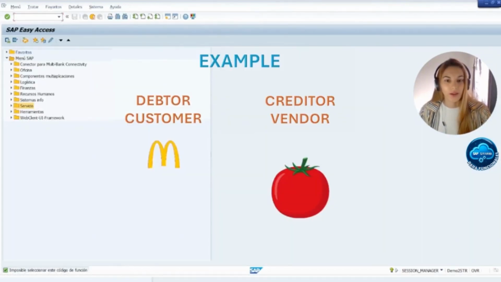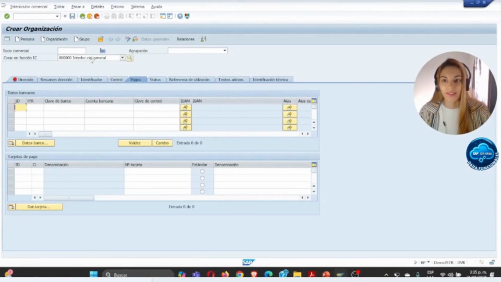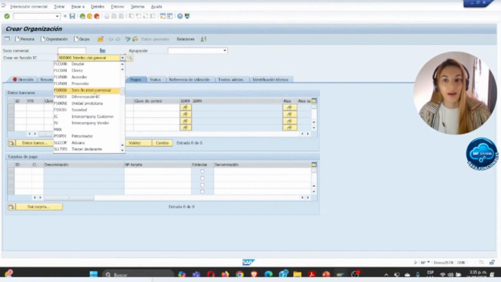Similarly, if the supplier Tomates SA also uses the SAP system, they can create McDonald's as a customer or debtor, also entering that information. Here we see that it says business partner, and here, well, you can create many types of business partners, but in this finance course, we are going to focus mainly on debtor, customer, creditor, and supplier.